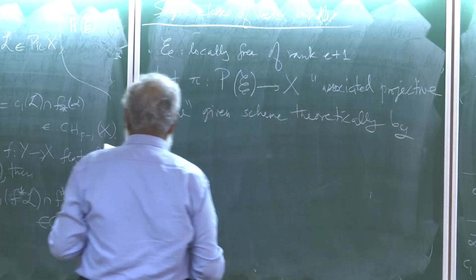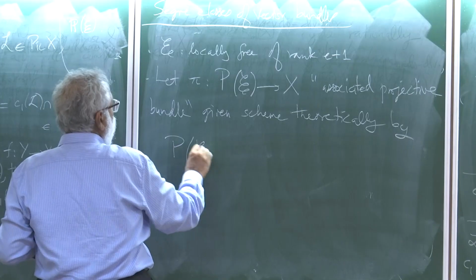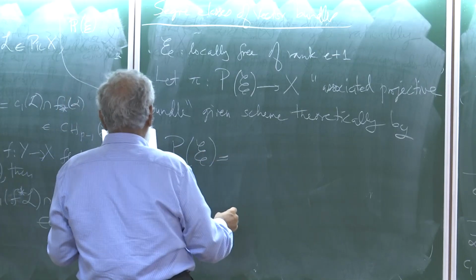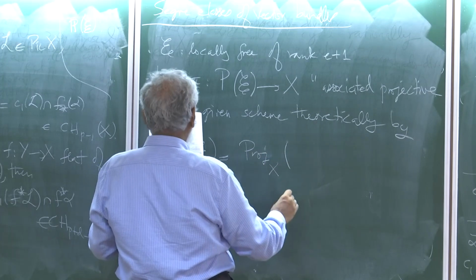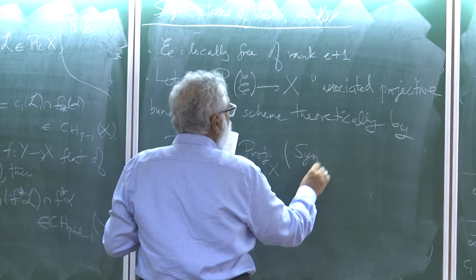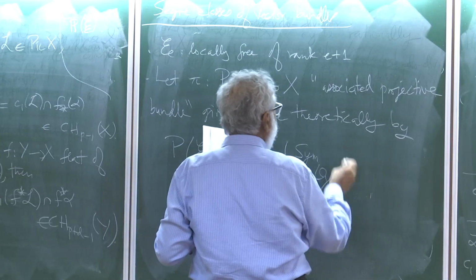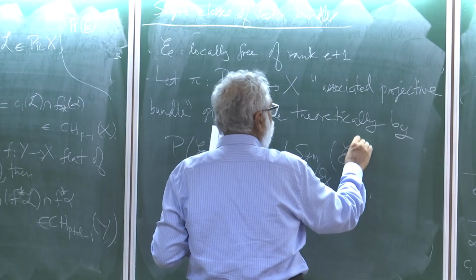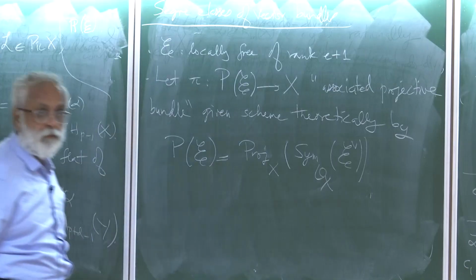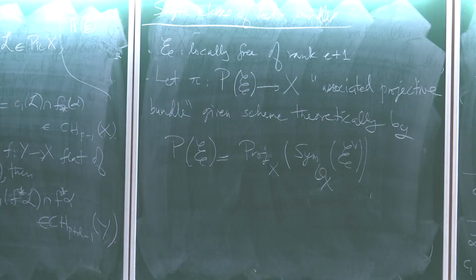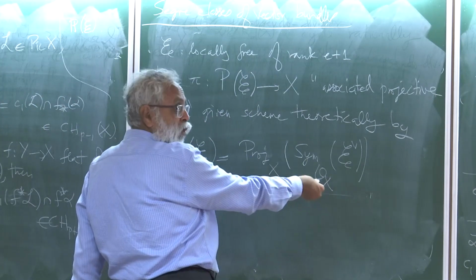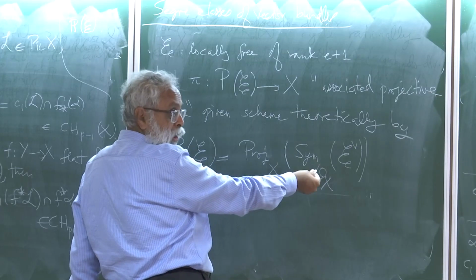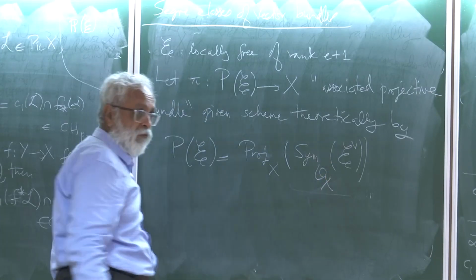P(E) is Proj over X of the following graded sheaf of algebras: take the symmetric algebra over O_X of the dual locally free sheaf to E. This is the definition. So this is as in Hartshorne's book: I've got a graded sheaf of O_X algebras, and I can take its Proj. The symmetric algebra is an example of a graded sheaf, right?